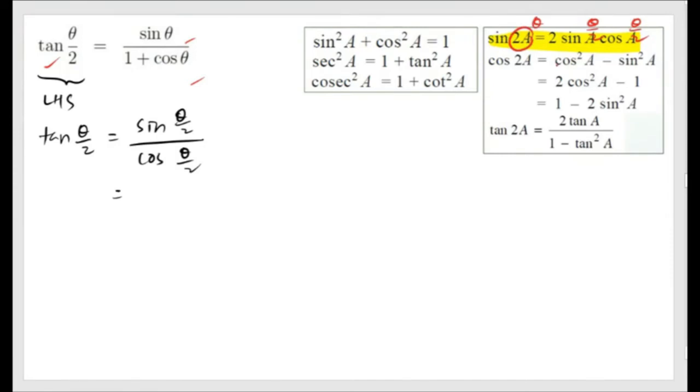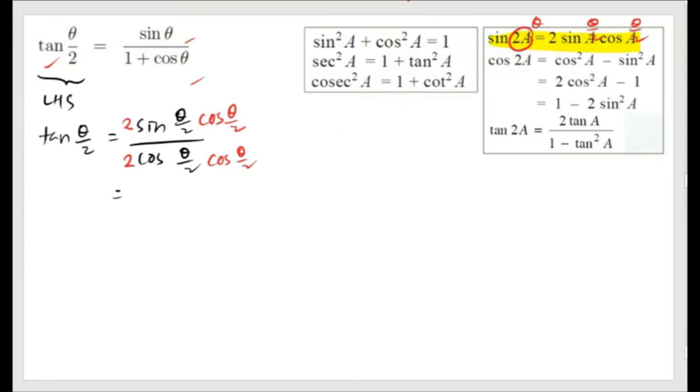How are we going to change it so that we can get the form 2 sine theta over 2 cos theta over 2? What we need to do is multiply by 2 sine cos theta over 2, up and down do the same so that it will be equal.